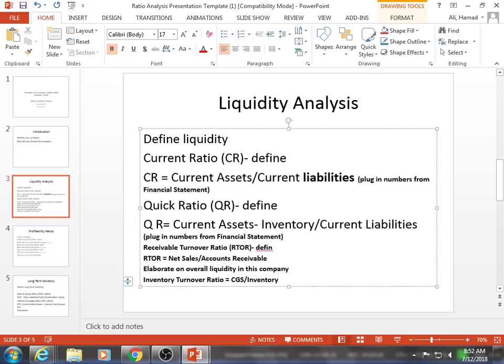So cost of goods sold is in the income statement and your inventory is in the balance sheet.